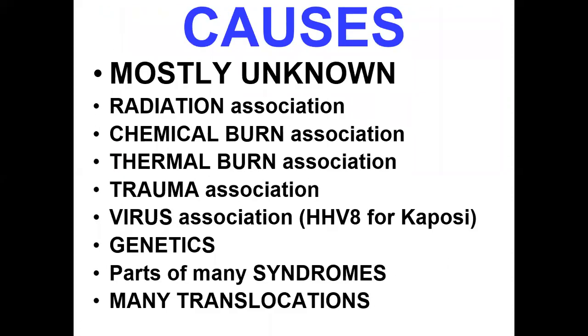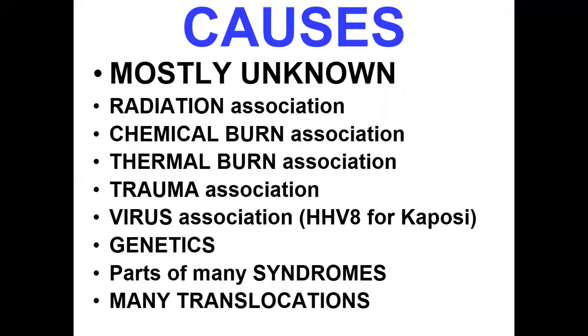Causes of soft tissue tumors are mostly unknown. Some are associated with radiation and chemical burns or thermal burns. Trauma sometimes may be a predisposition to development of sarcoma. Some viruses, like HHV8, human herpes virus 8, cause Kaposi sarcoma.